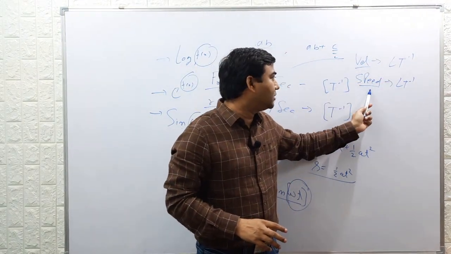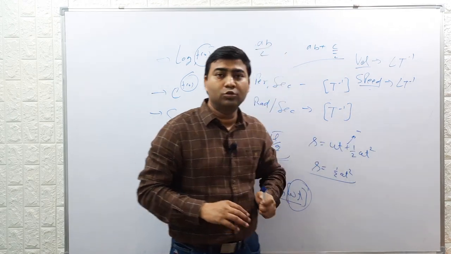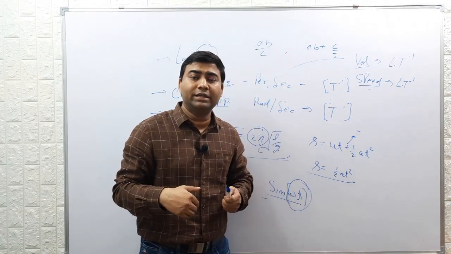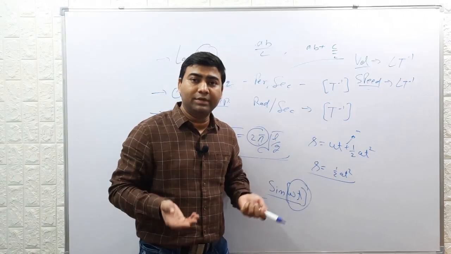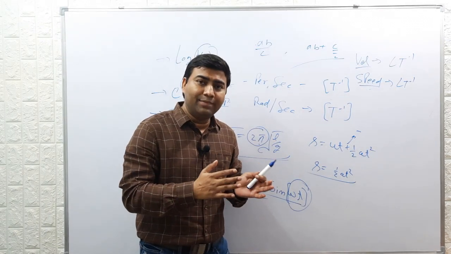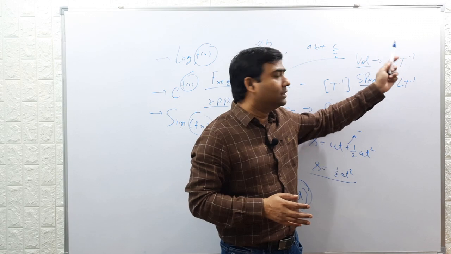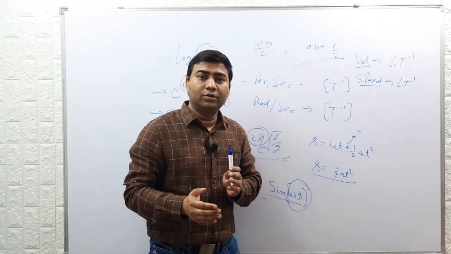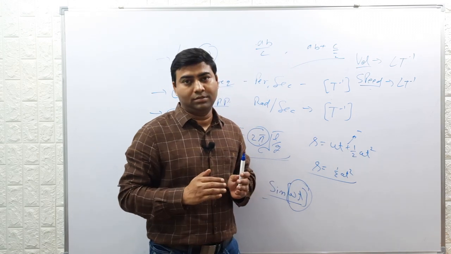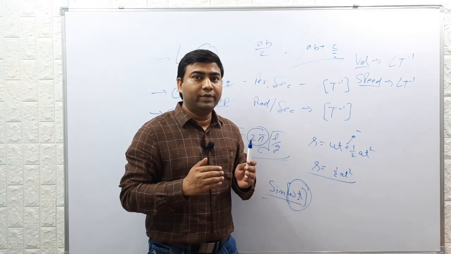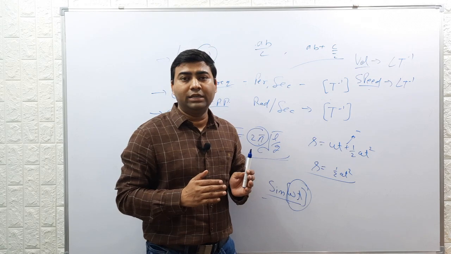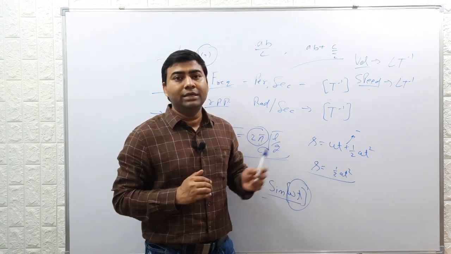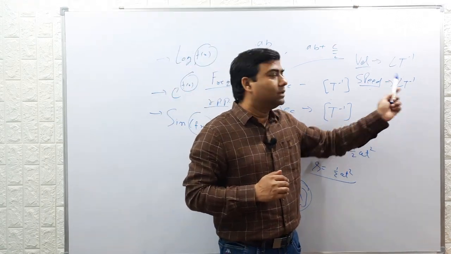Speed is a scalar quantity, and its dimension is also LT minus 1. So both vector and scalar quantities have the same dimensional formula. So by seeing the dimensional formula LT minus 1, we cannot say whether we are talking about velocity or speed, or whether the quantity associated with that dimensional formula is a vector or a scalar.